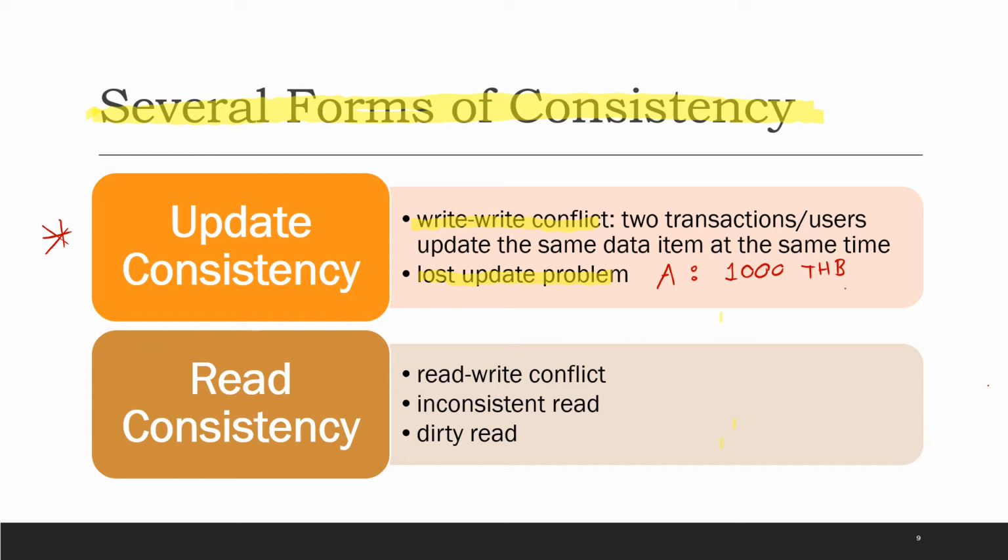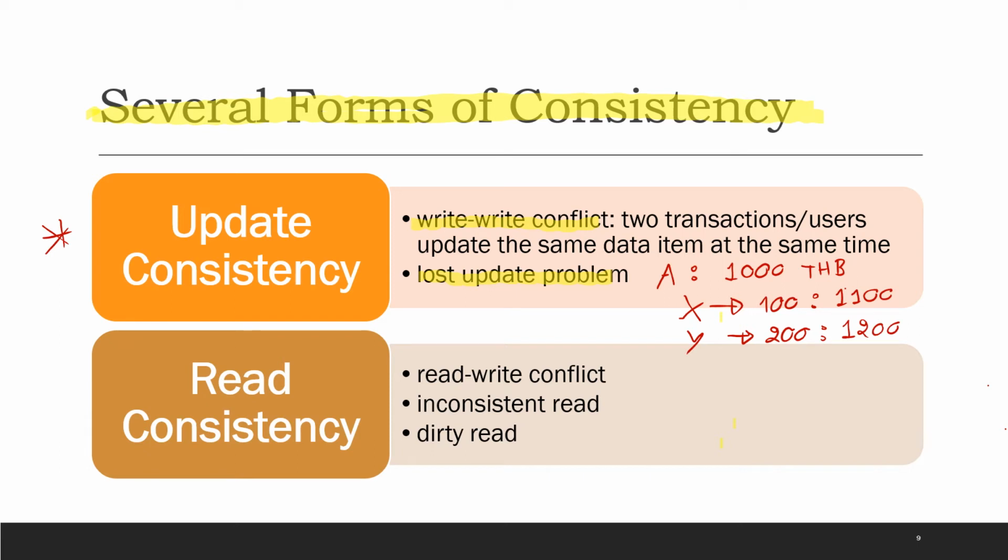But if they execute the transfer at the same time, X transfers 100 and Y transfers 200. Executing this at the same time means that X will change your balance to 1,100 baht, while Y will change it to 1,200 baht, exactly at the same time.